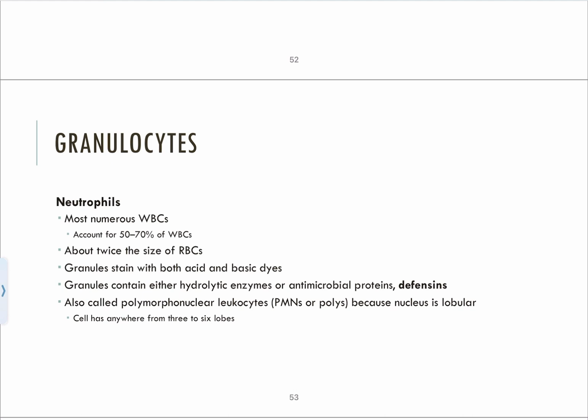Really important, though, is that the granules in neutrophils actually contain these proteins called defensins. And these are antimicrobial proteins, and they also sometimes can contain hydrolytic enzymes that can go in and help break down any of the foreign microbes that we have. The nuclei can have anywhere from 3 to 6 lobes.